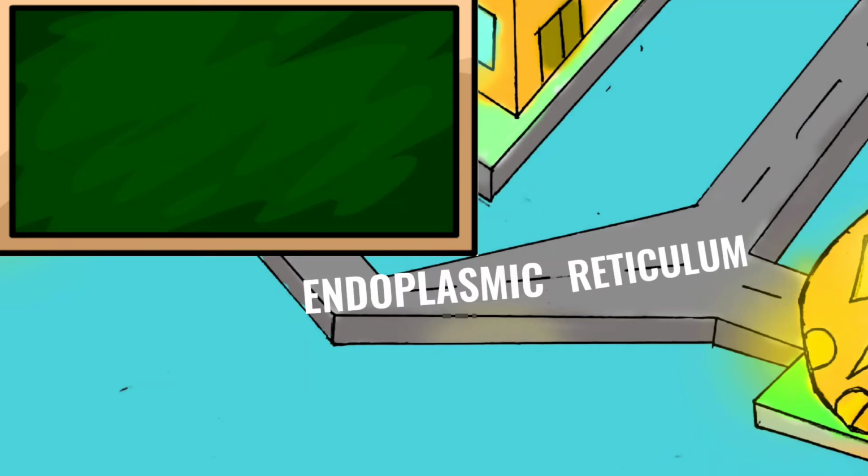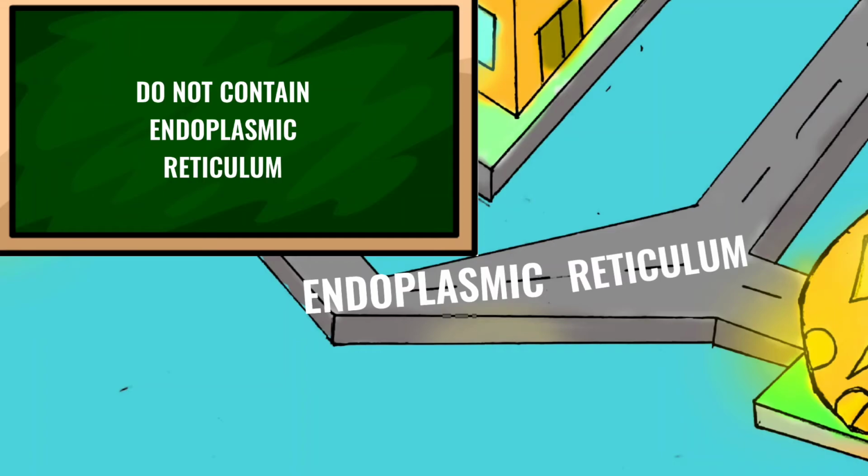Most eukaryotic cells have an endoplasmic reticulum, which is a network of flattened, membrane-enclosed sacs known as cisternae, and tubular structures. The ER membranes are connected to the outer nuclear membrane. Red blood cells and spermatozoa do not contain the endoplasmic reticulum.